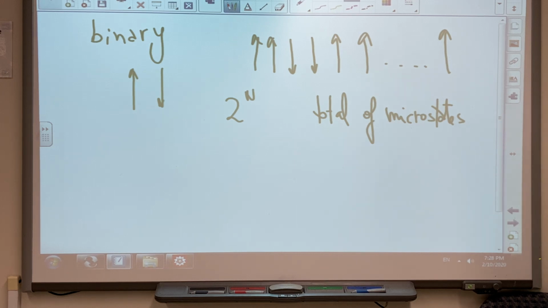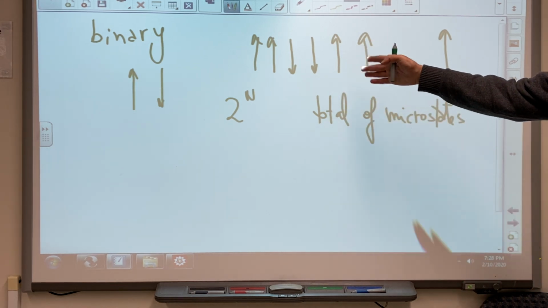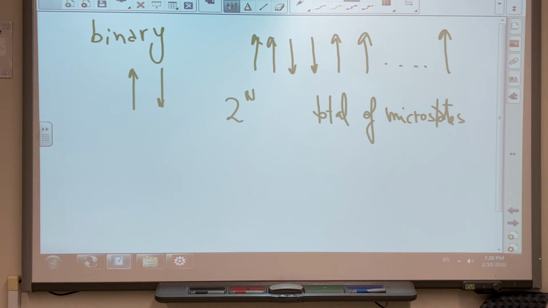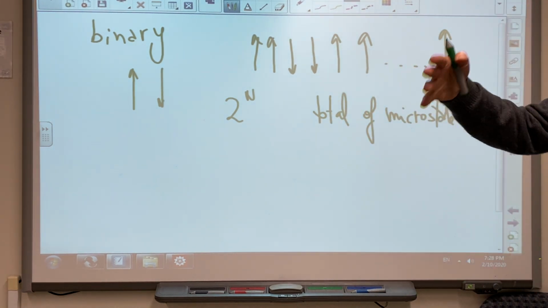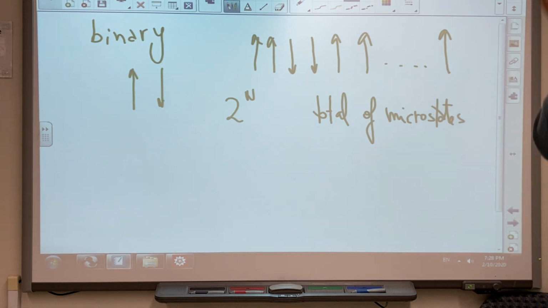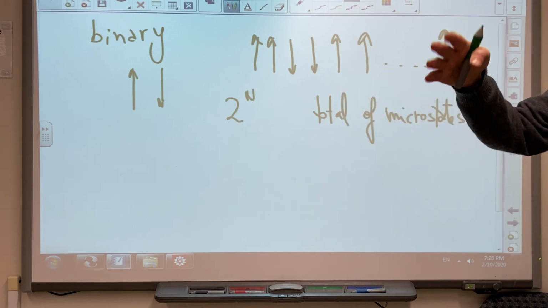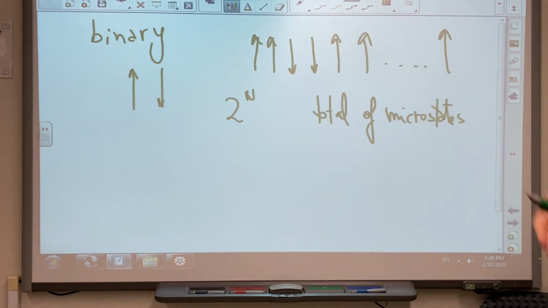If n is 10, if I have 10 arrows, I have 1,024 possible systems. So there are 1,024 possible states of my system. Plus, plus, plus, plus, plus, plus, plus, plus, plus, plus, minus, and so on. And you can pick the 1,024. Yes? Does this thing have an order or no?